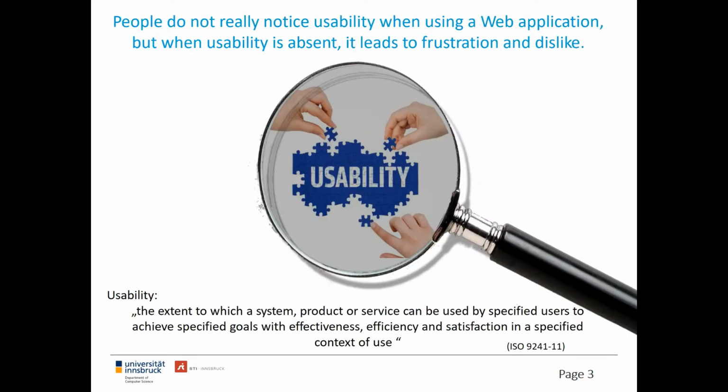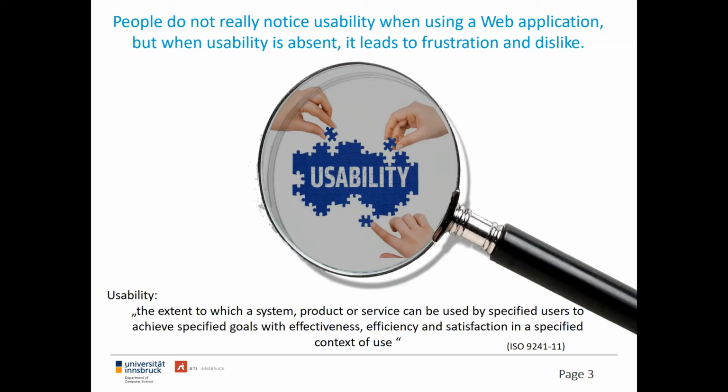So first, what is usability? Well, with usability, of course, people don't really notice usability. It's not something you can touch, but when it's absent, of course, there is frustration, dislike, and eventually rejection of the final product, which is, of course, not very good.